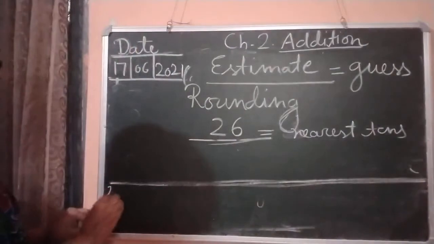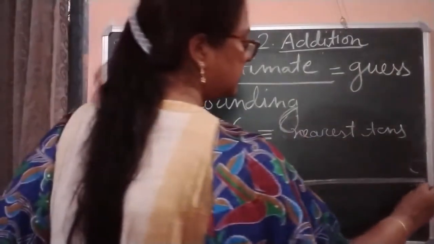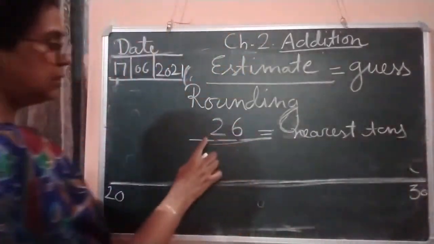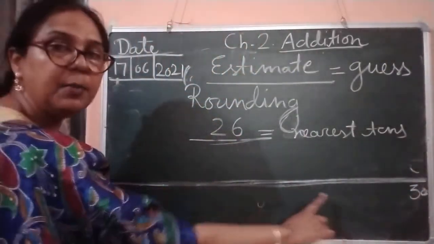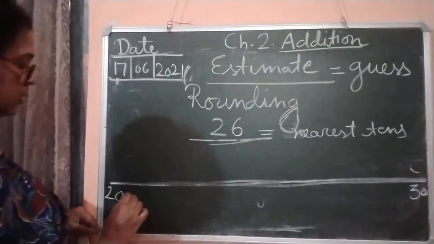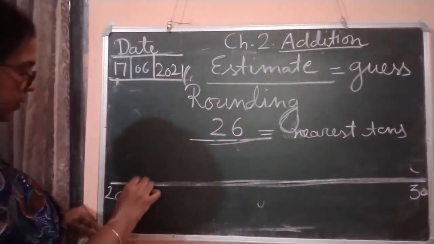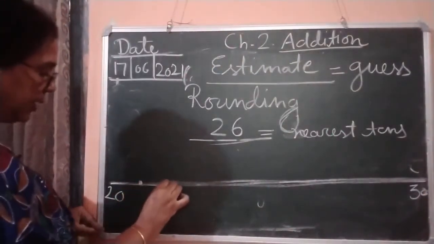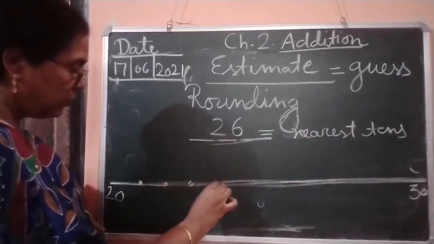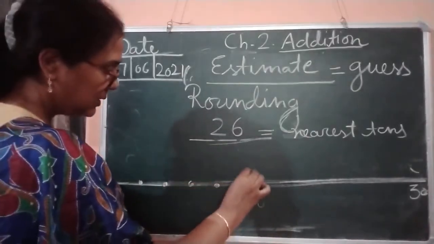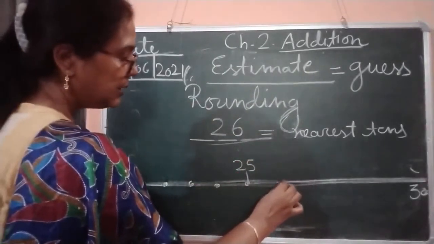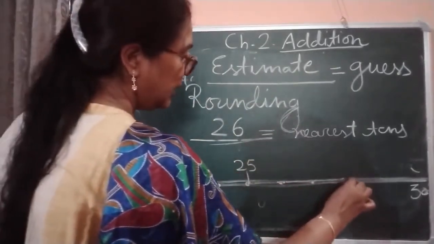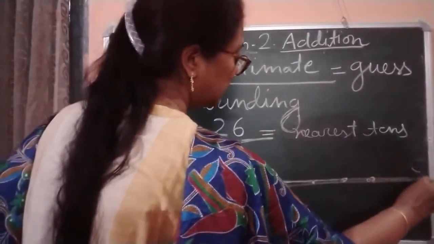So we will write 20 over here and this is 30. Because this is 26, it is in between 20 and 30. So we will mark it with dots: 21, 22, 23, 24, 25. This is 25, the middle number. Now 26, 27, 28, 29 and this is 30.